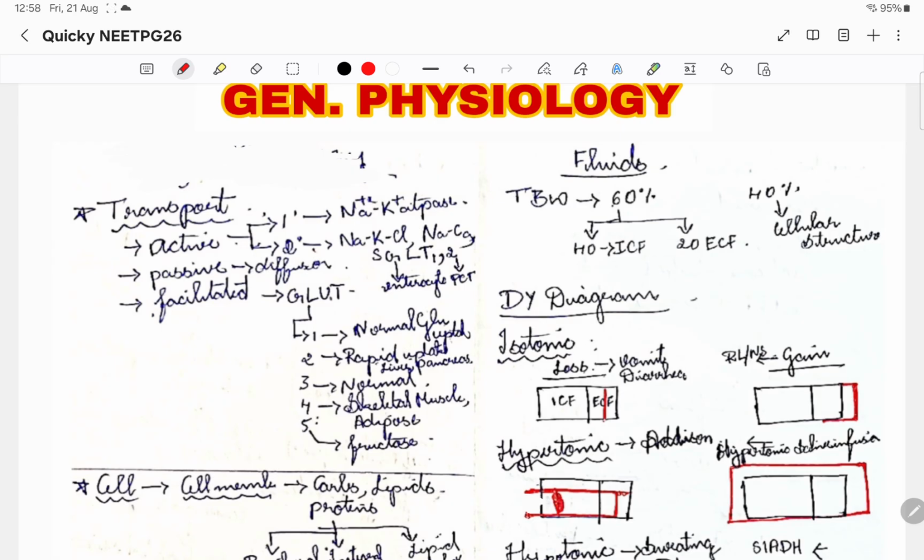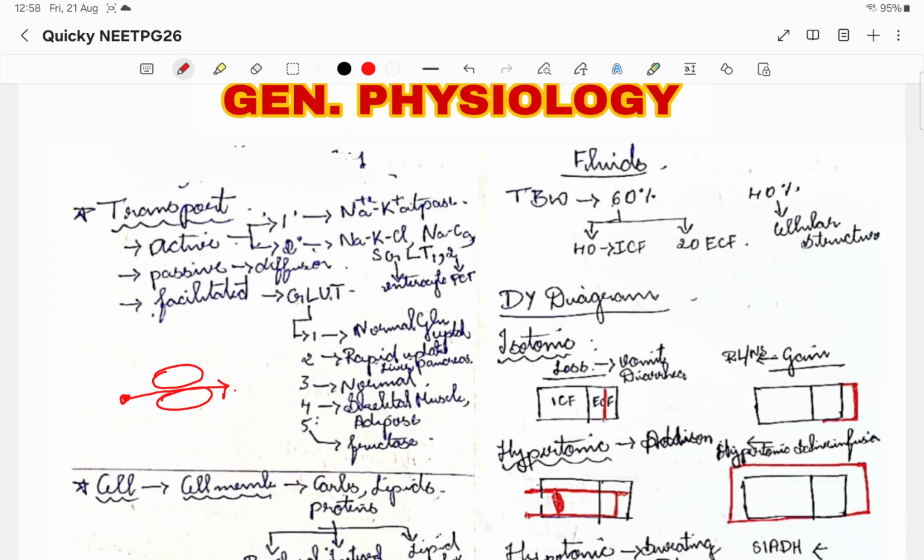Then there is one more method, facilitated diffusion, where using a transport protein the substance is getting transferred. Suppose this is glucose and it is getting transferred from one side of the cell membrane to the other, from outside to inside, or inside to outside.